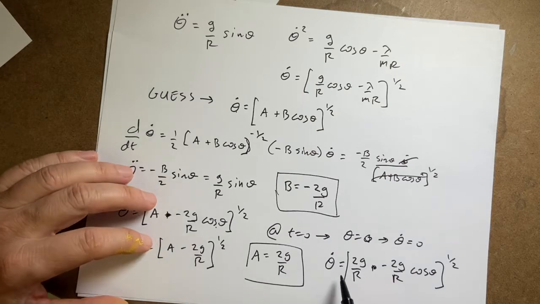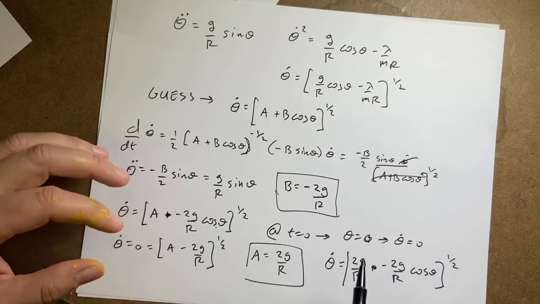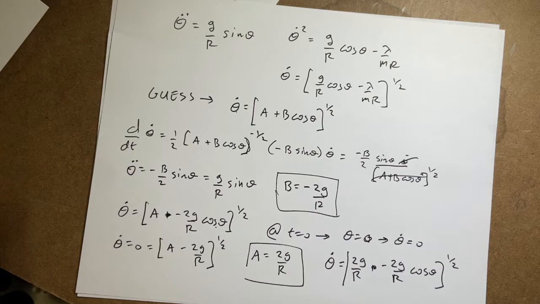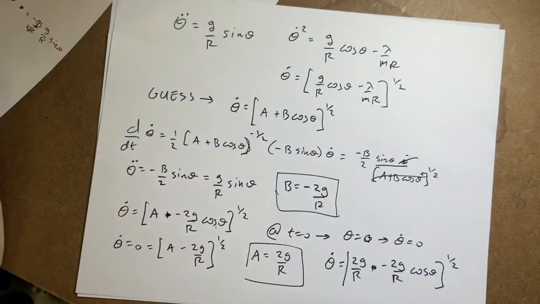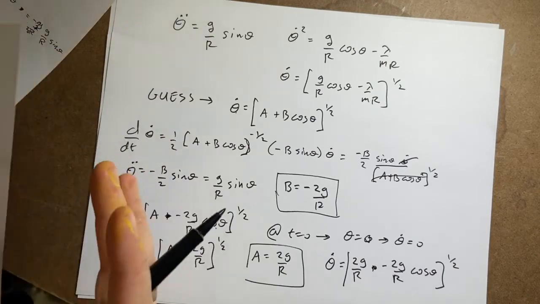Okay, so that's my expression for theta dot. Now I can put that in up. Oh my gosh, I'm losing my mind here. There's all the paper. Not there. You guys must hate this video.